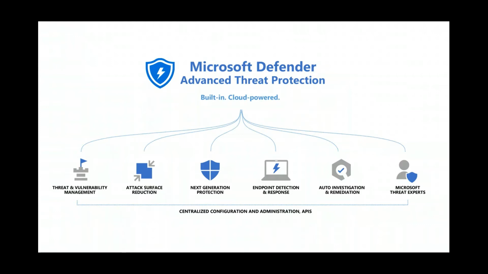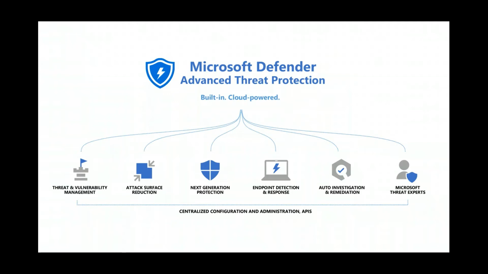This solution represents a multi-layer protection that operates on the endpoint and integrates with all the infrastructure protection solutions offered by Microsoft. I'm thinking about Office 365 ATP, Microsoft Cloud App Security, Azure ATP.